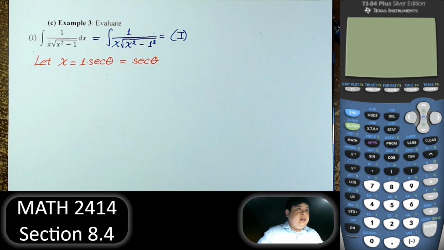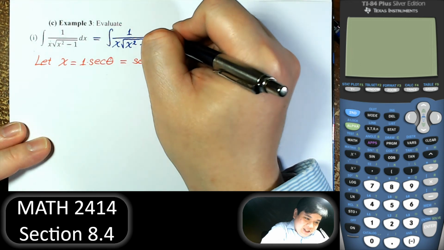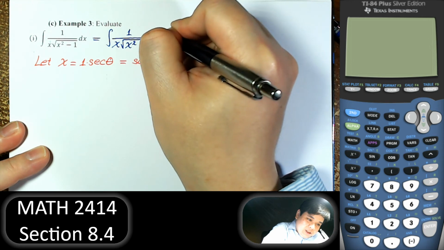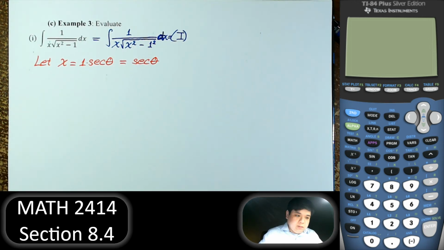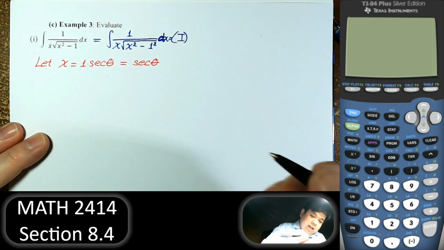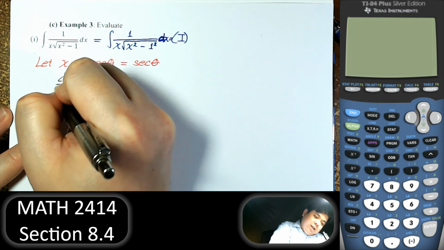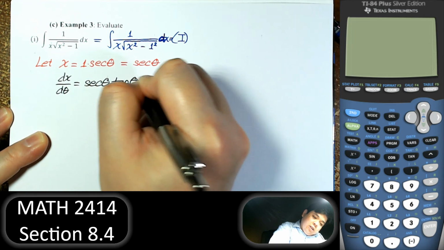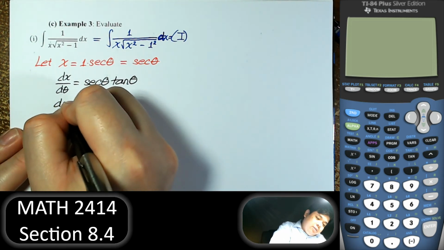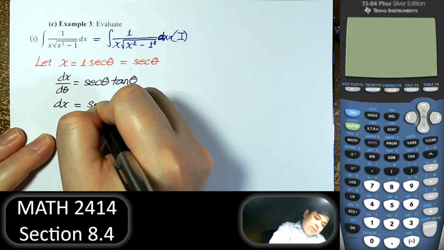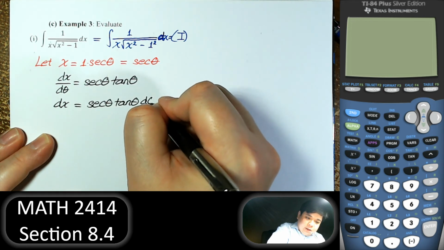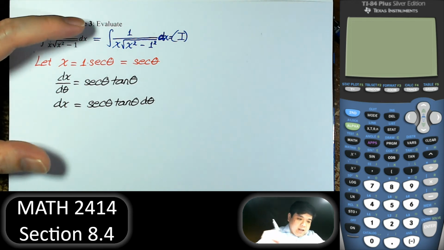We'll take the derivative. Oops, forgot the dx. Right. Take the derivative and solve for dx. The derivative of secant is secant tangent, times d theta, and that is the dx.